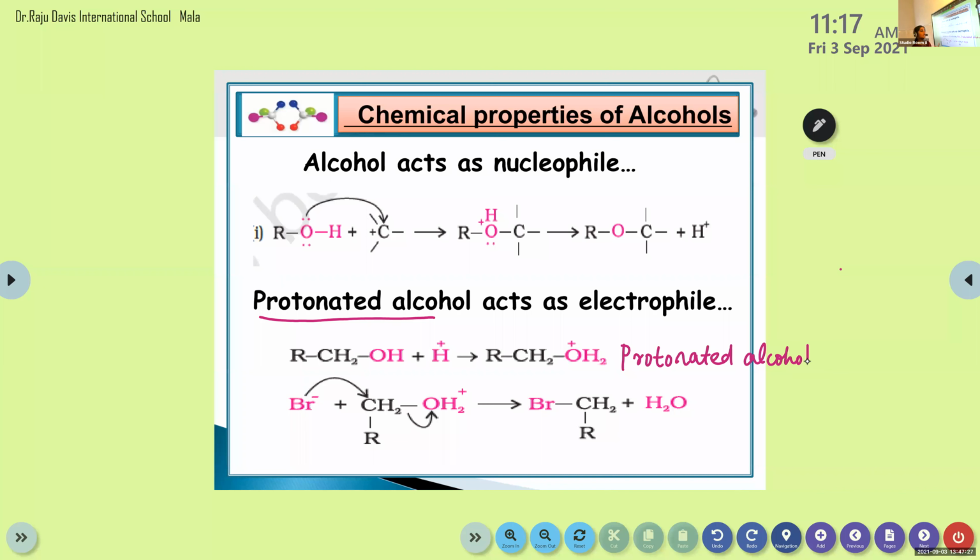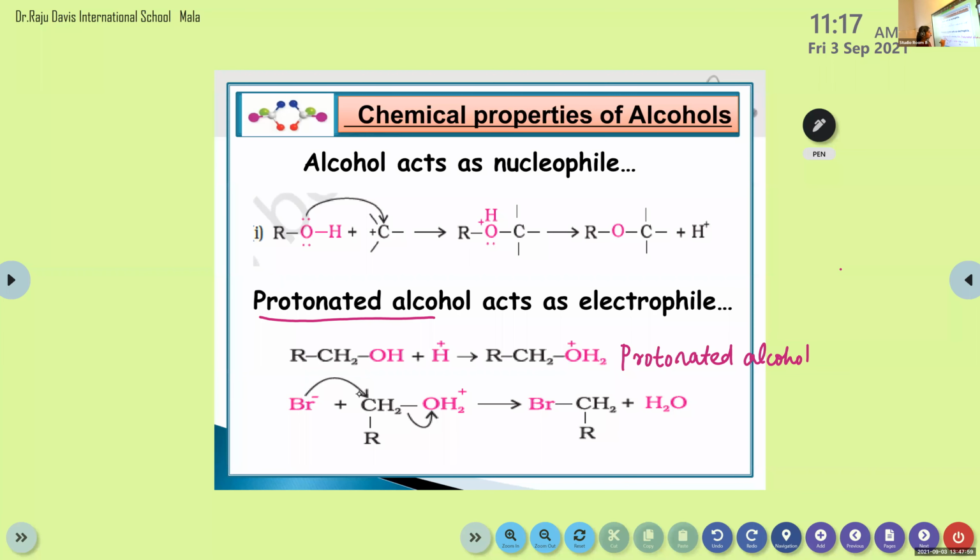That means they are electron-rich species and they will join with a positively charged center. So here, Br minus will be attached to carbon, not to oxygen. In the previous case, the carbon was attached to oxygen because it attacked the nucleophilic site. Here it will attack the electrophilic site, so Br minus will be attached to the CH2 carbon of the alcohol.